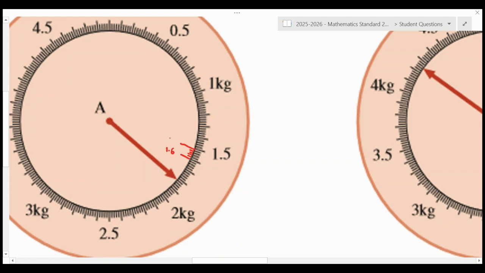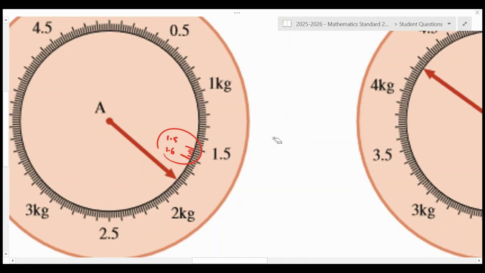So if we've gone from 1.5 to 1.6 and it's used 5 marks, sorry, erasing everything I've got, each one of those must be 0.02. Now that looks a bit confusing at the moment, but if I put these over here, I've got 1.5 there, and then we've got 1, 2, 3, 4, and then that one, which is 1.6. That means that has to be 1.52.